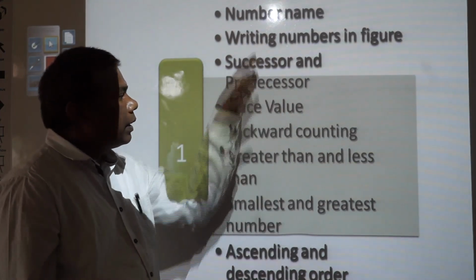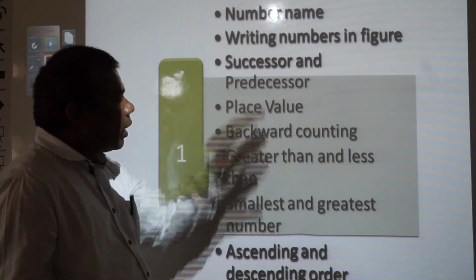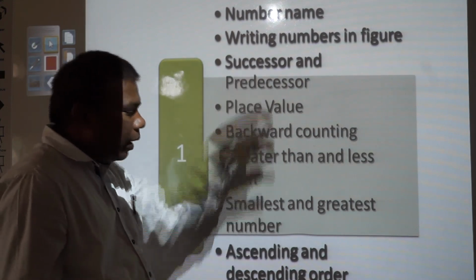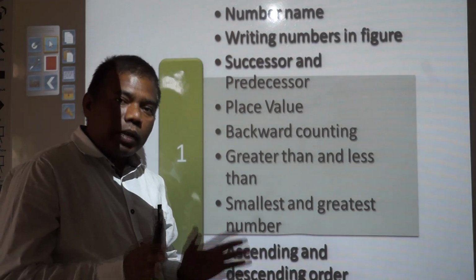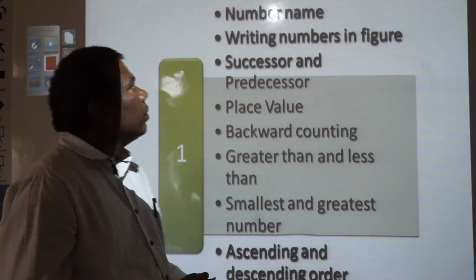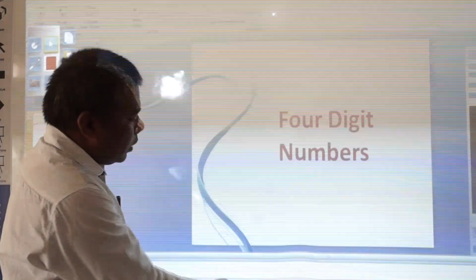I hope by seeing only you might have recalled all the things you already have learned for 2-digit number and 3-digit number. This is not a new thing what you are going to learn. Only you need to recall all the things and you have to practice this again.